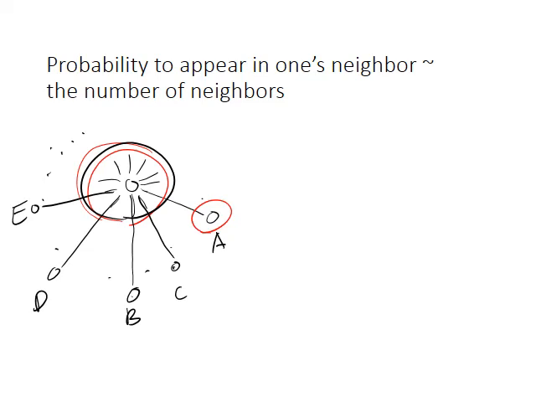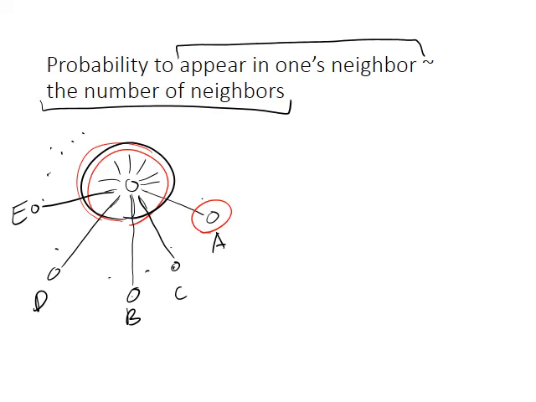So that means appearing in one's neighbors is strongly correlated with the actual number of neighbors it has. So even if the network is not a star graph, you expect to have more well-connected nodes among the neighbors of yourself or any random person.